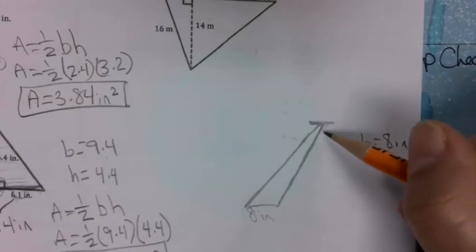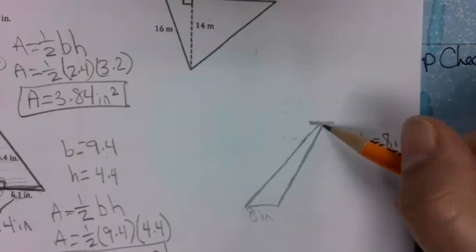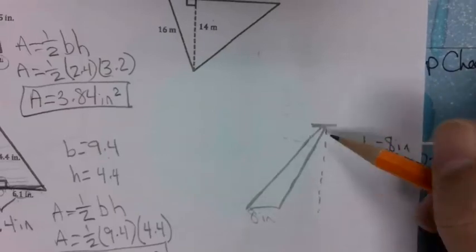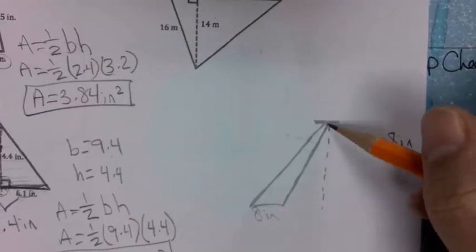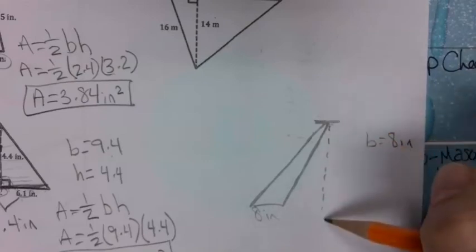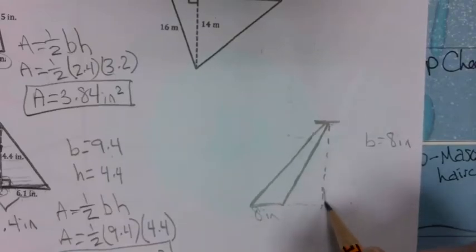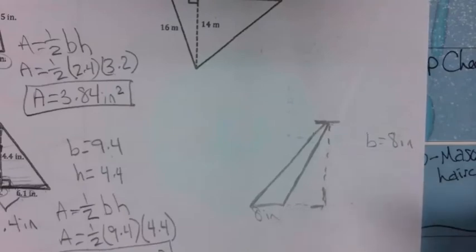So think about if you dropped something straight down from the very top of it. You have that imaginary line. That would give you a line straight down. And then imagine if your base continued straight across. Wouldn't this meet at perpendicular lines?